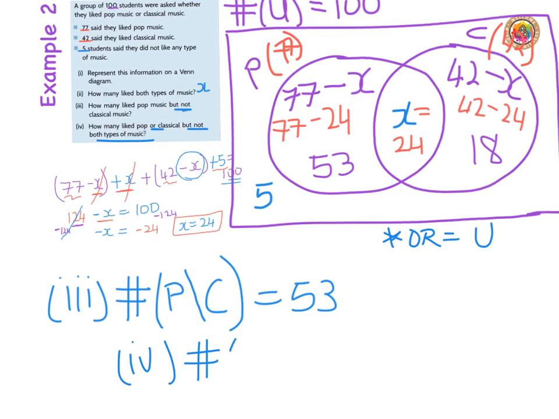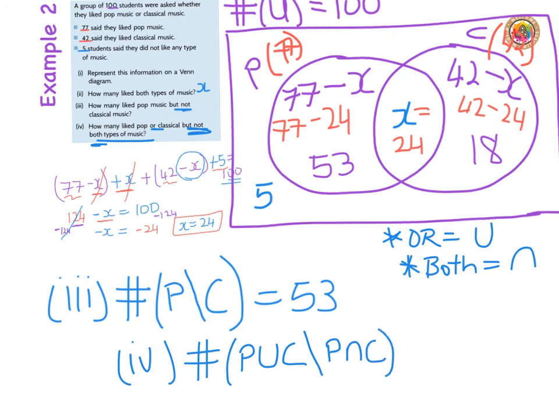So here we're going to have how many people like P union C, but then we're asked for but not, another without. And but not both: both in sets always means intersection. So here we're going to have P intersection C.